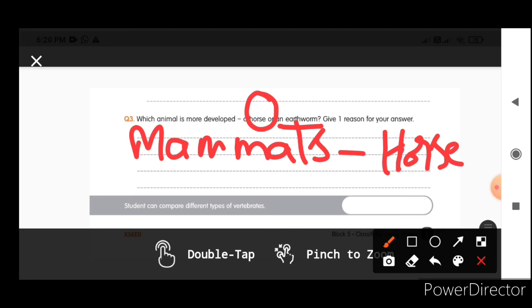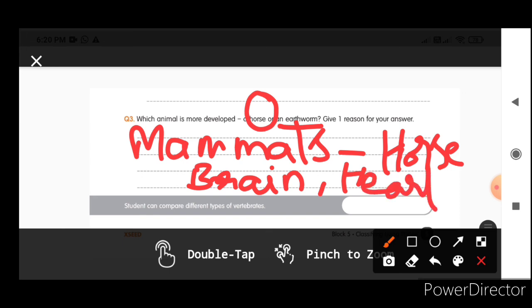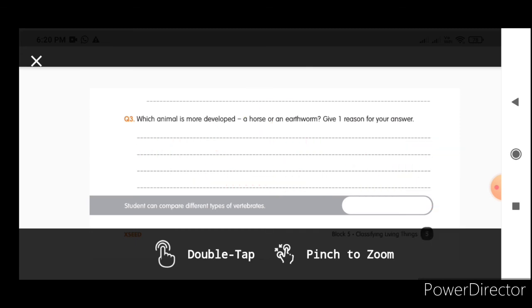So the horse is a very well developed animal because it has all organ systems. The brain and heart of the horse are more developed than the earthworm's. That's why the horse is a very developed animal. You can write that in your own words. I just gave you a clue, children.